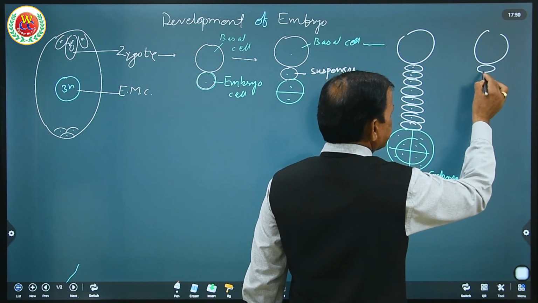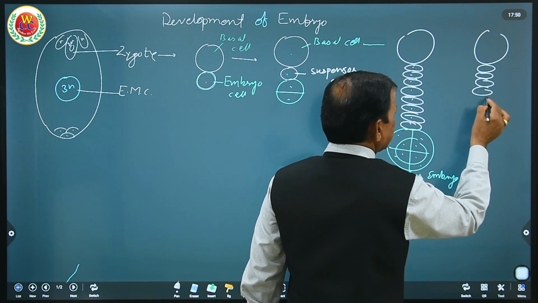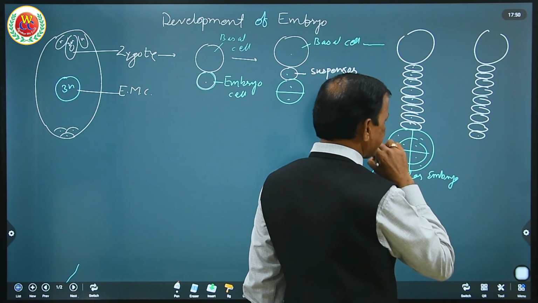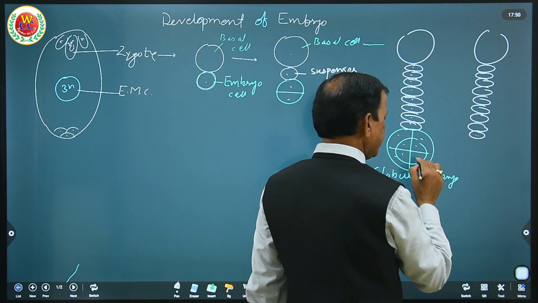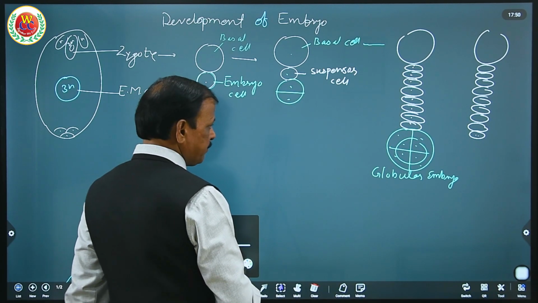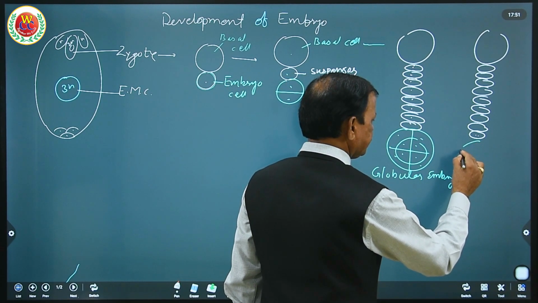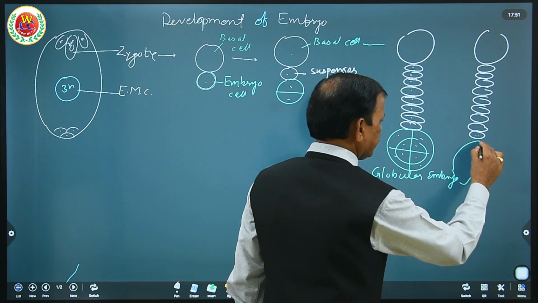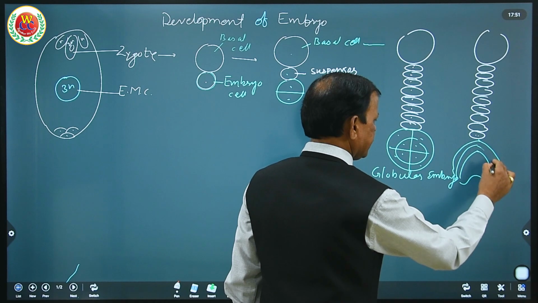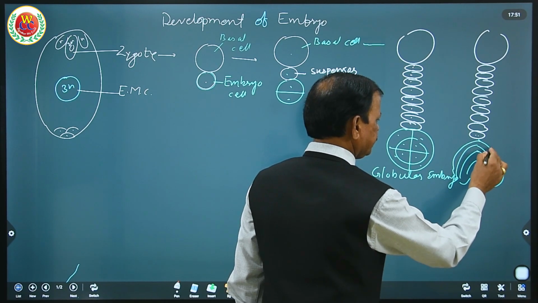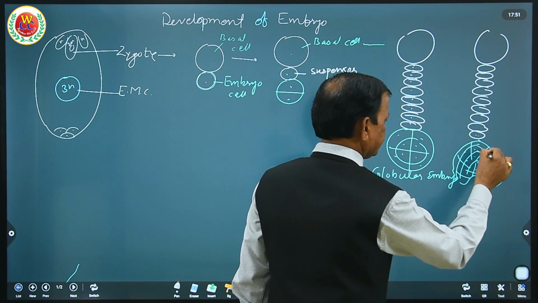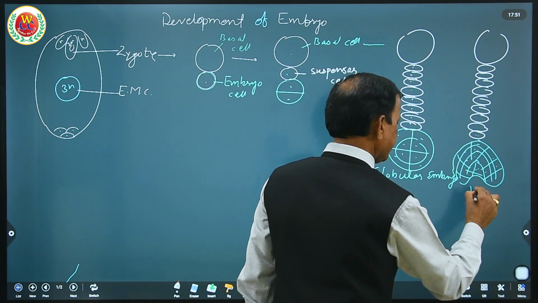The suspensor cell also continues to be as it is, with a cell in contact with this called the hypophyseal cell, and now this developing embryo becomes heart shaped. Here you can understand this. So this is a heart shaped embryo.